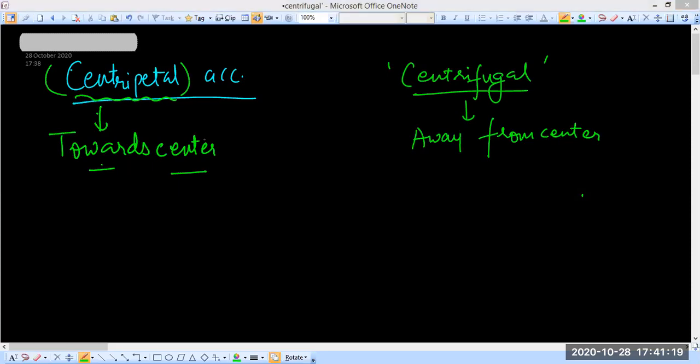See, some of you wrote moves towards center. No, that is wrong. Moves ની વાત નથી. No moves, not moving, nothing. The English word centripetal, આ English નો word છે, આને physics સાથે કોઈ લેવા દેવા જ નથી. I repeat, the word centripetal in English means towards center.